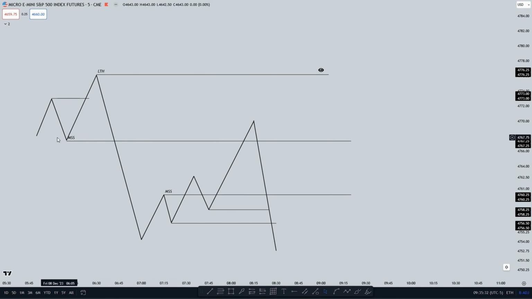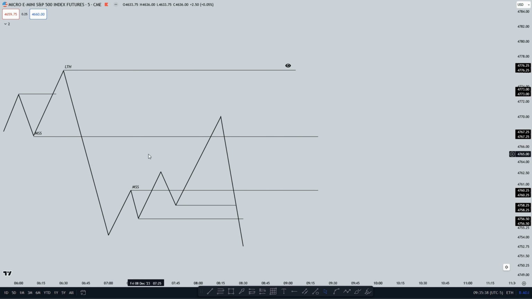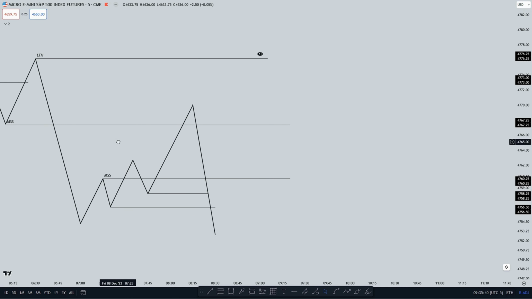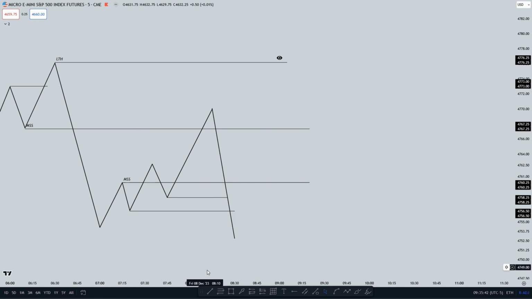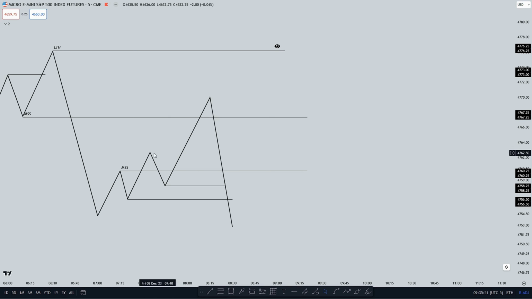Then from this low market structure shift to this high market structure shift, there is low resistance. So that means there's low resistance for price taking out highs, because there's going to be buy stops above these highs.